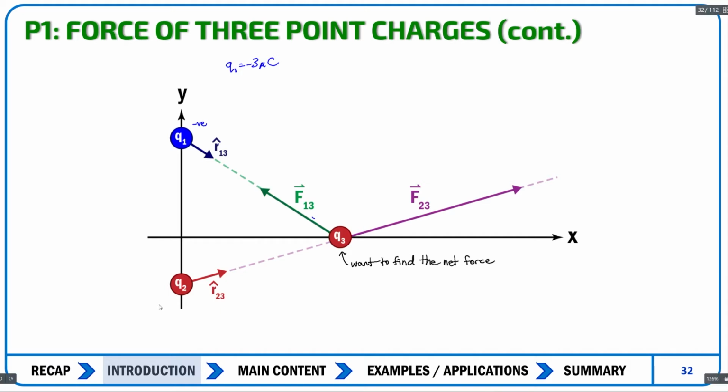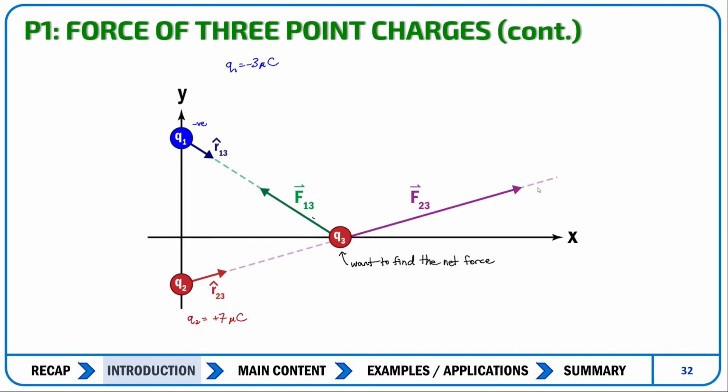For Q2, we know that Q2 is going to be plus 7 microcoulombs. So in that case, we also have the position vector going from 2 to 3, but because it's a repulsive force, the arrow for the force acting from 2 to 3 must go towards the right, pushing the Q3 away.